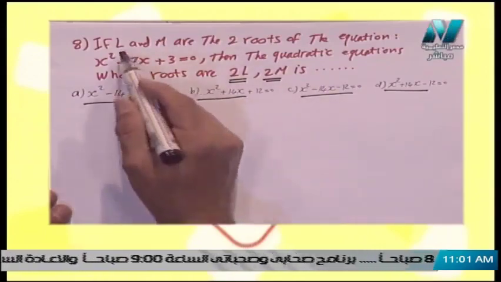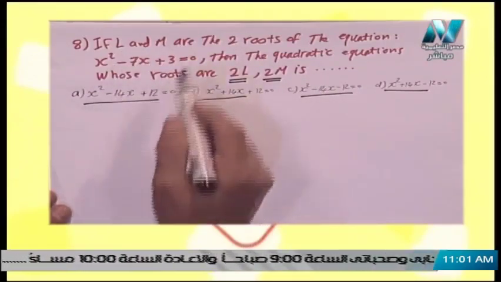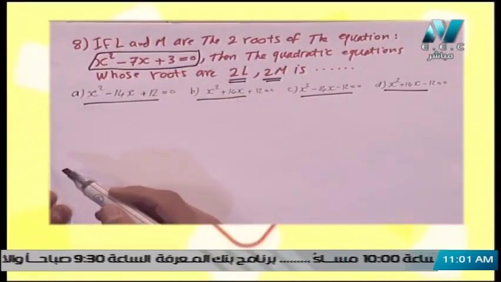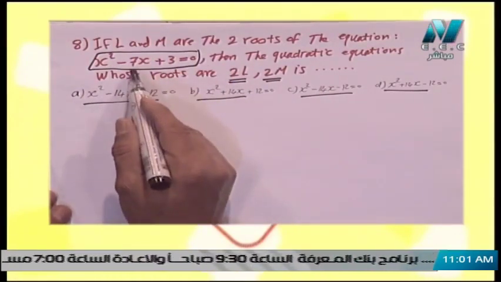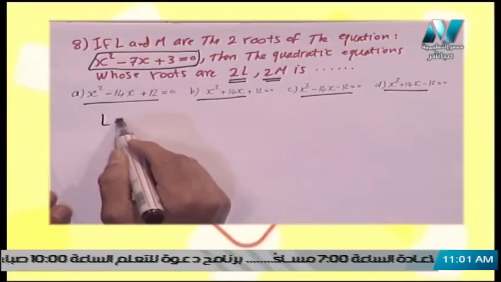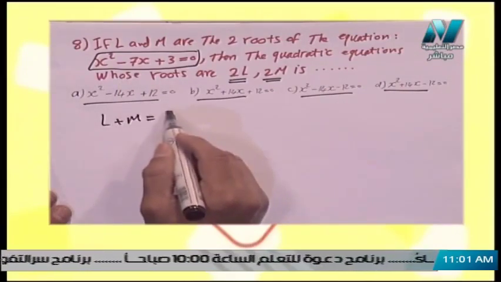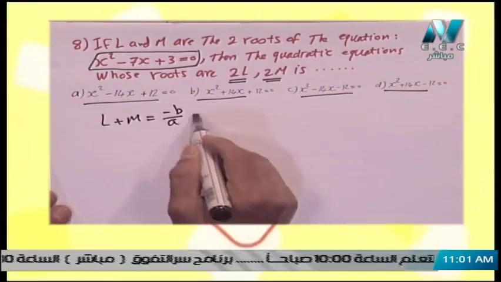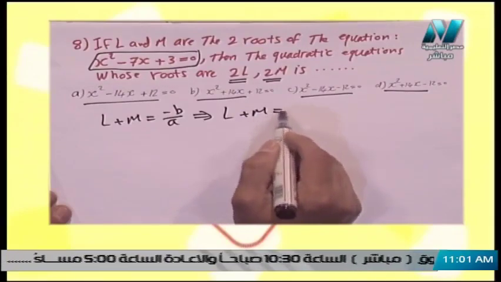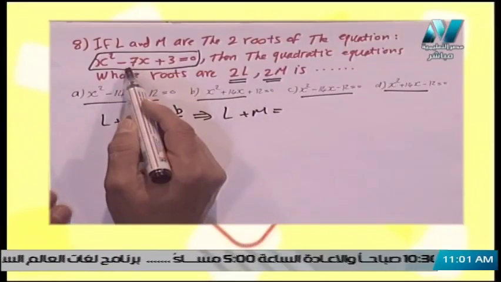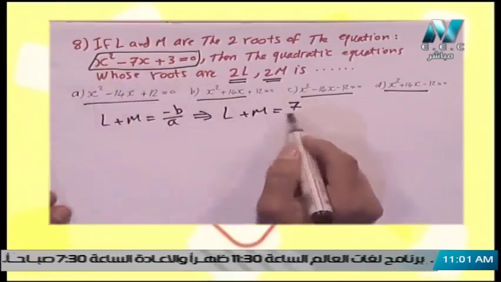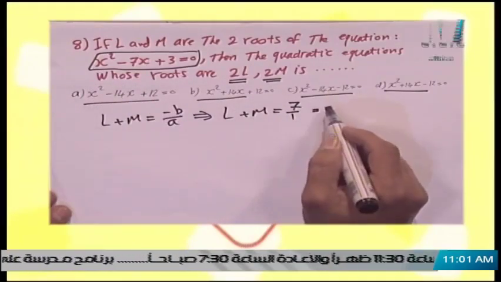We have here L and M are the two roots of this equation. We have to find out the sum of the roots. We have L plus M equal negative b over a, as we know. L plus M equals negative b, which means positive 7, over a, which is 1. So L plus M equals 7.